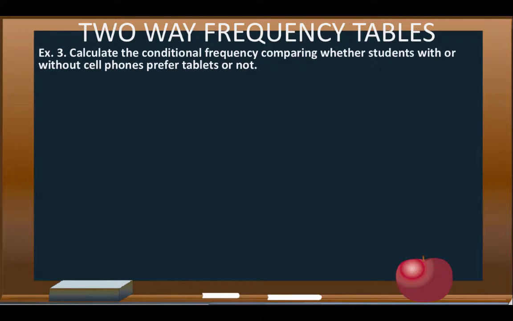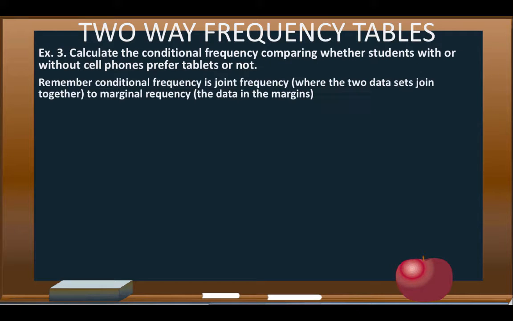So it says calculate the conditional frequency comparing whether students with or without cell phones have tablets or not. So first of all, remember that conditional frequency is the joint frequency to marginal frequency. So it's where the two data sets join together, those numbers in the middle in the body of the table, divided by the data in the margins.